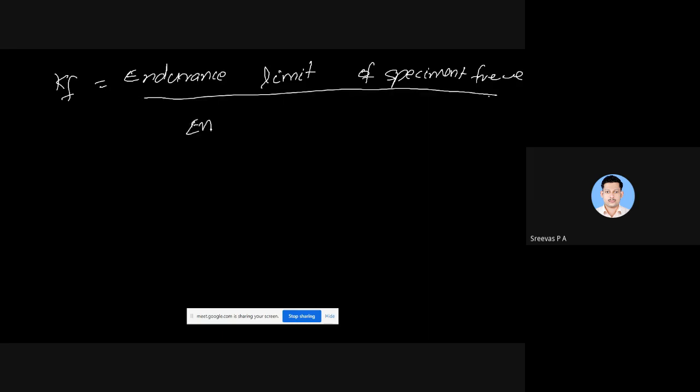So in case of fluctuating load, we will denote it by the term Kf. And it is defined as endurance limit of specimen free from notch divided by endurance limit of notched specimen.